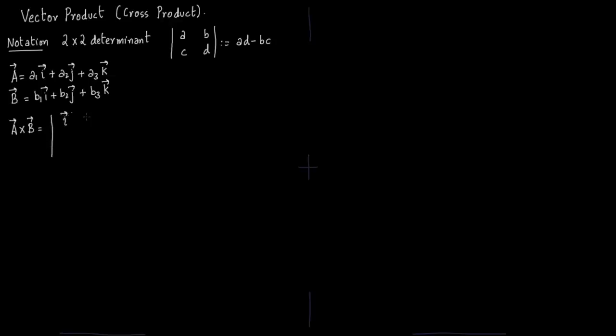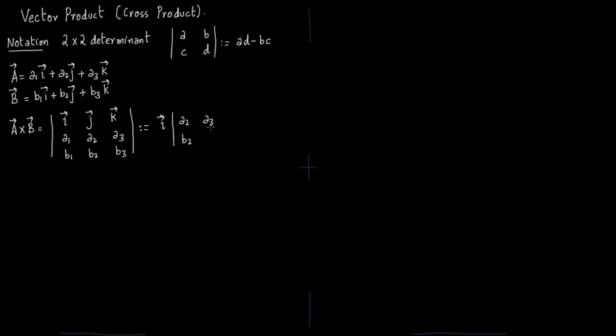The first row is i vector, j vector and k vector. Since this is A cross B, we first write vector A: A1, A2, A3, then vector B: B1, B2, B3. This is equal to i vector times the 2 by 2 determinant A2, B2, A3, B3.